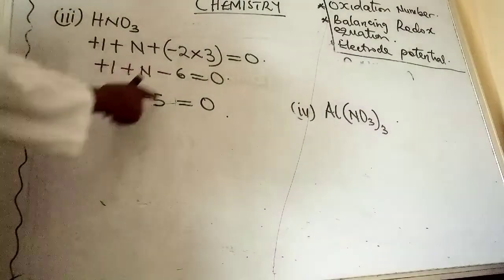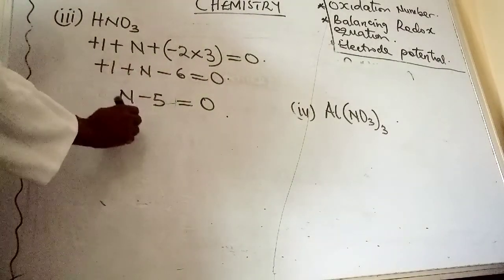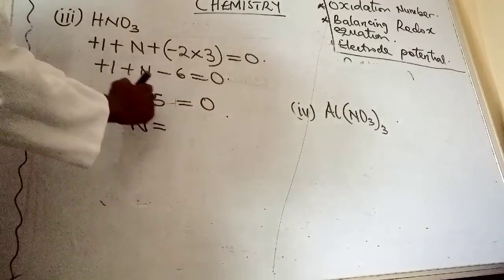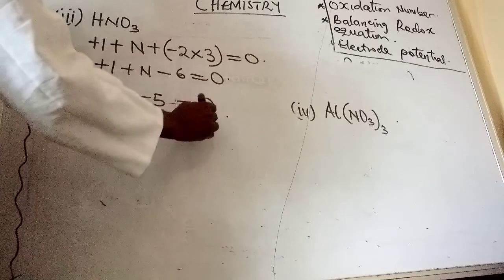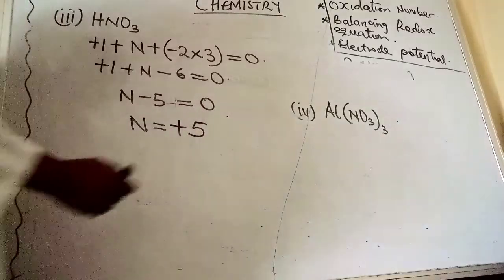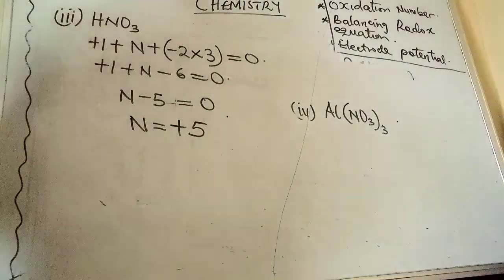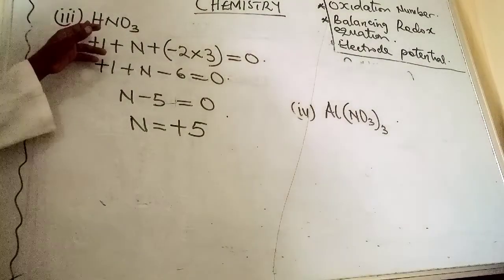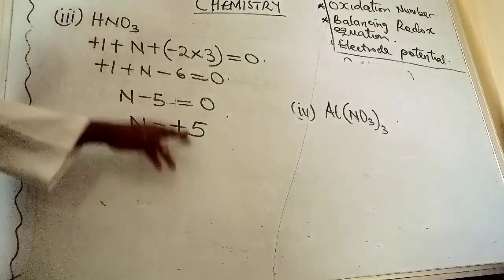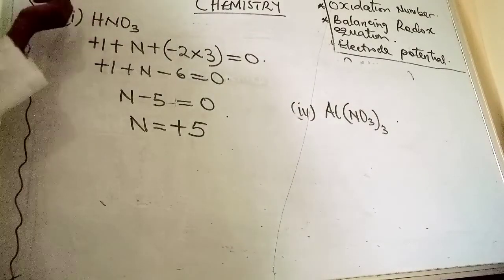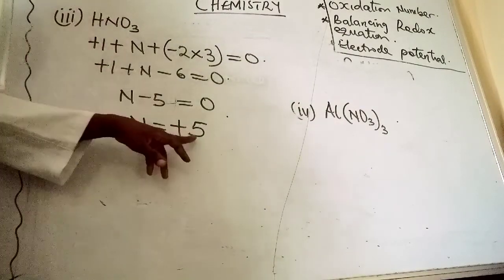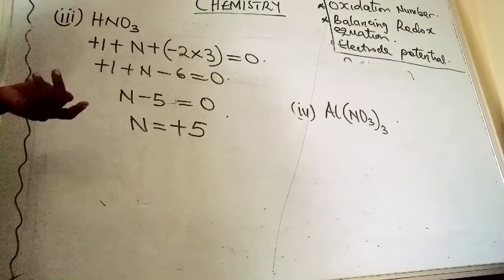Mathematically, we transfer -5 to the other side, it becomes +5. So +5 is the oxidation number of nitrogen in nitric acid. And it is this 5 that is used to name the IUPAC as trioxonitrate 5 acid.